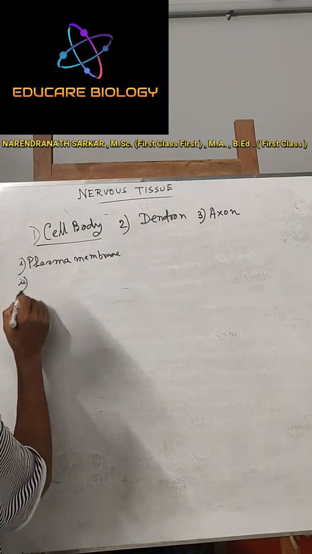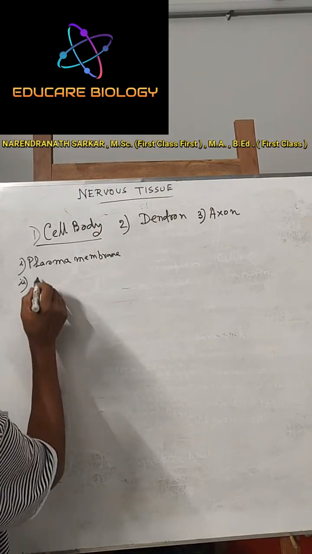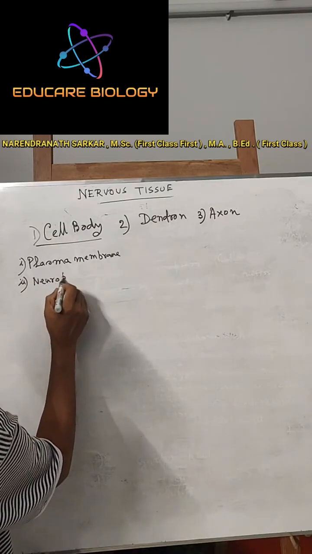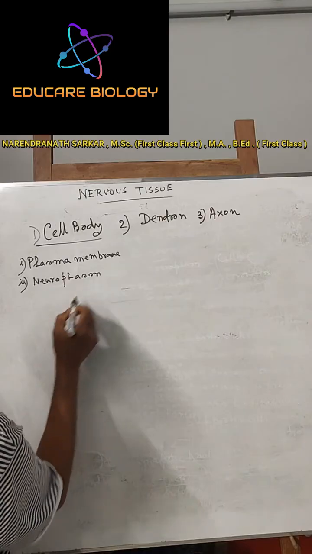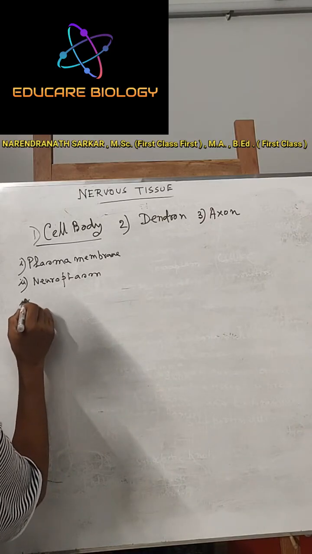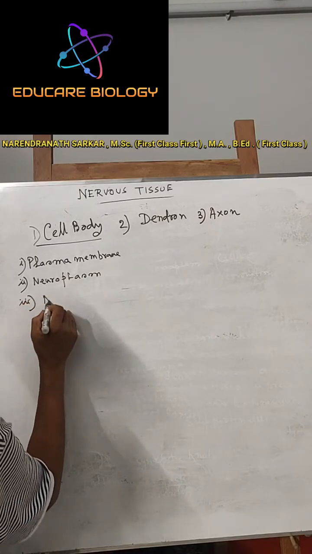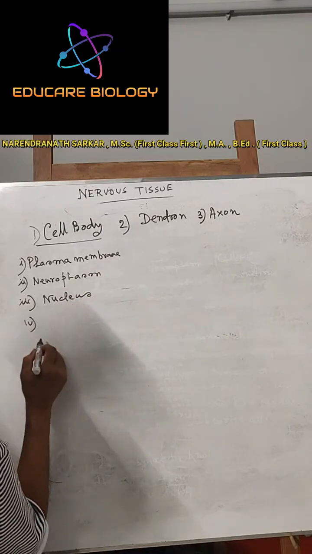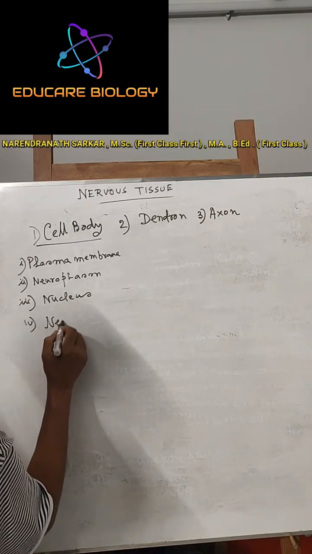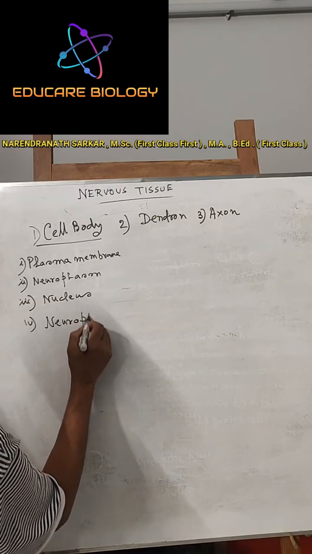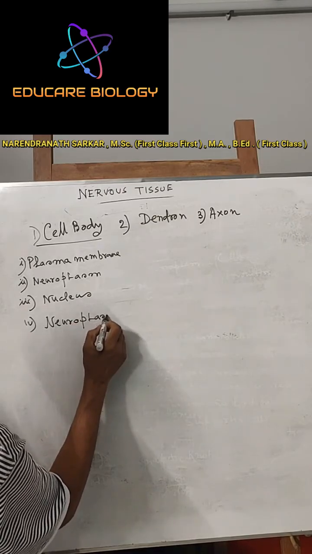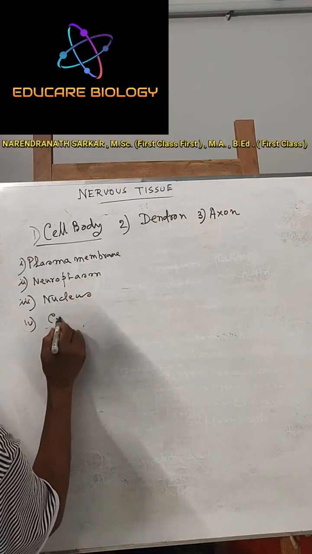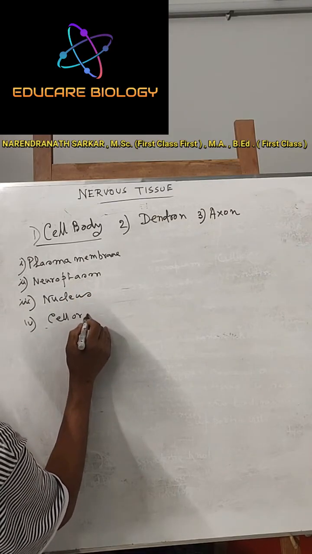Two, neuroplasm. Three, a single nucleus. Four, cell organelles.